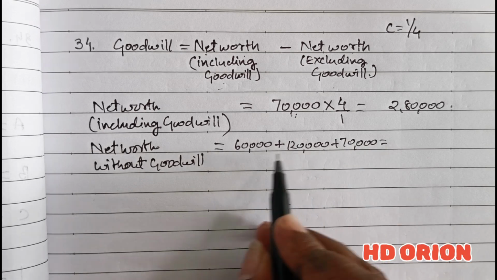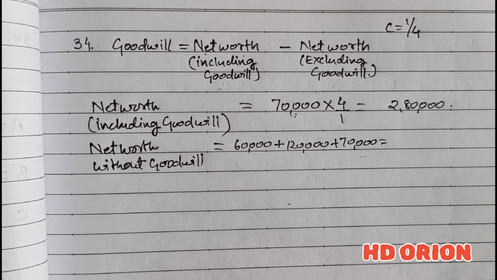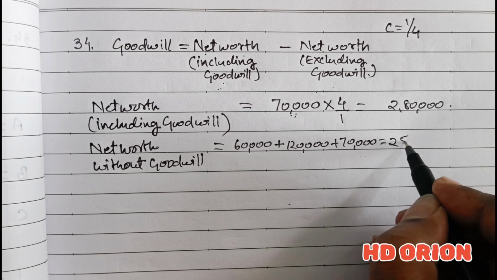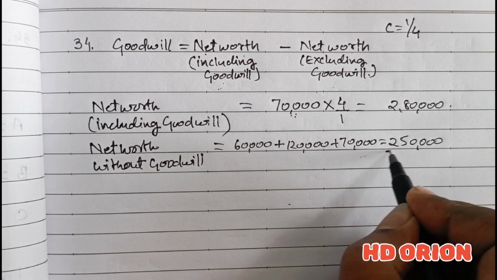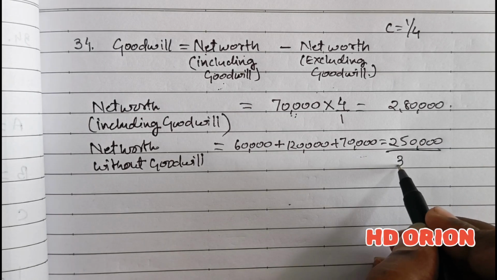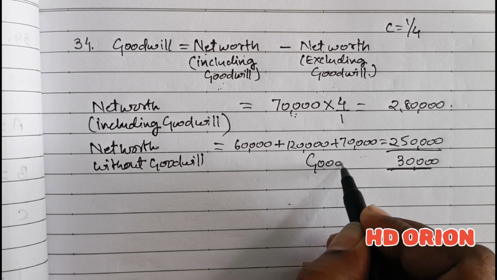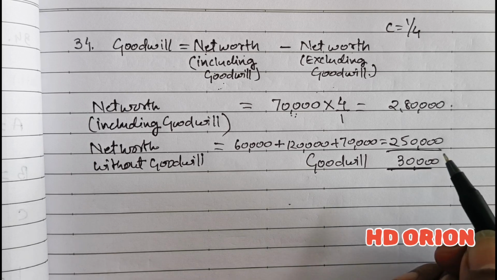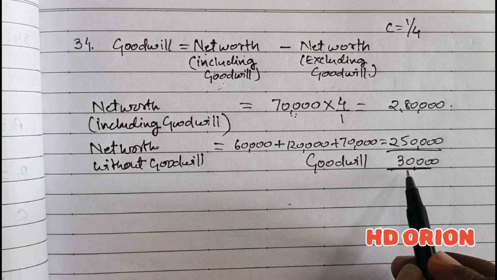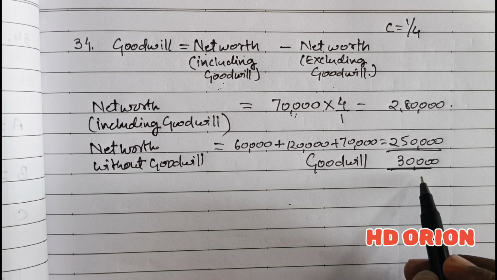So when we add this, how much do we get? It is rupees 2,50,000. And the difference between these two, rupees 30,000, is the goodwill of the firm. So this much, 30,000 rupees, is the goodwill of the firm.